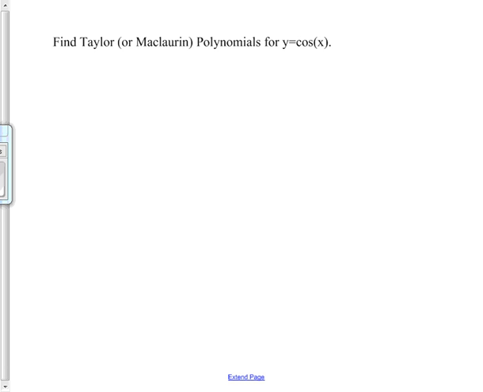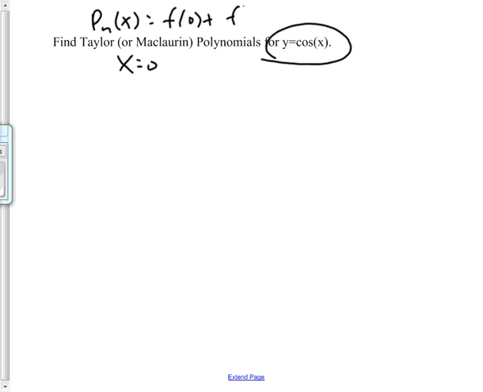In order to do this, what we know is that Pn of x equals f of 0, we're doing this around x equals 0, plus f prime of 0 x plus f double prime of 0 x squared over 2 plus f triple prime of 0 times x cubed over 3 times 2 plus dot, dot, dot. So we need to find some of these values. Let's go ahead and do that.